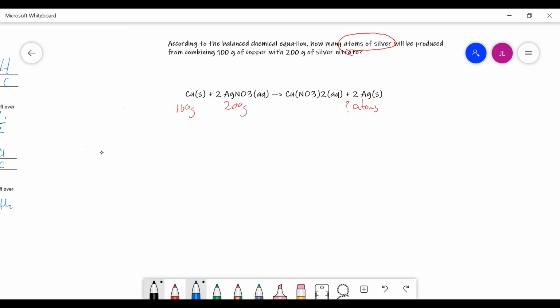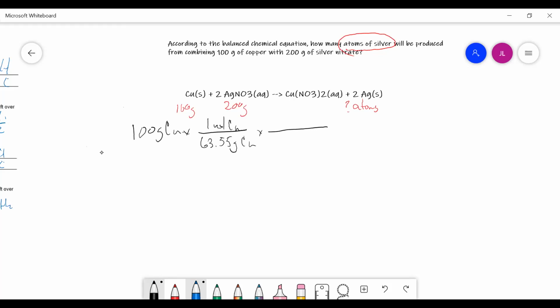So again, let's do the stoichiometry for each, assuming one is limiting and the other is in excess. I have 100 grams of copper, so we want to get that into moles. The molar mass of copper is 63.55 grams of copper per mole of copper.